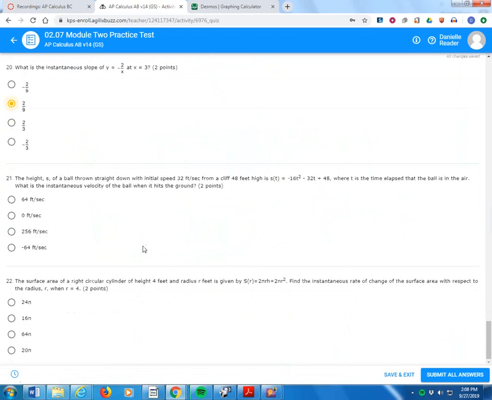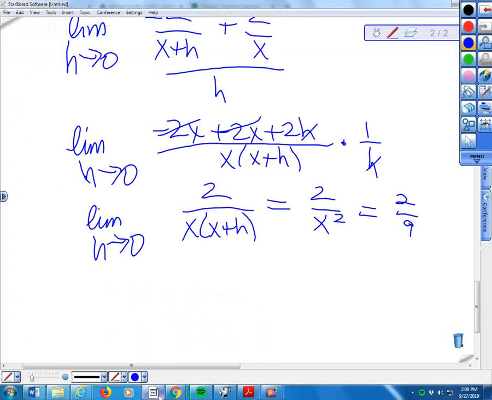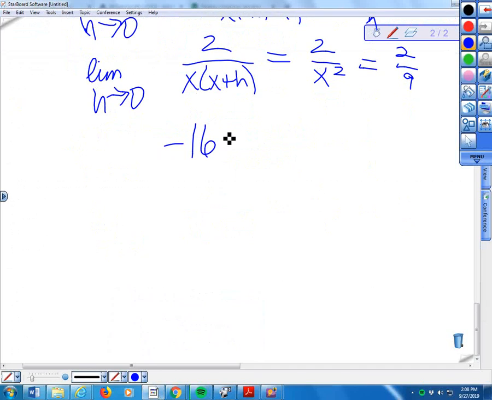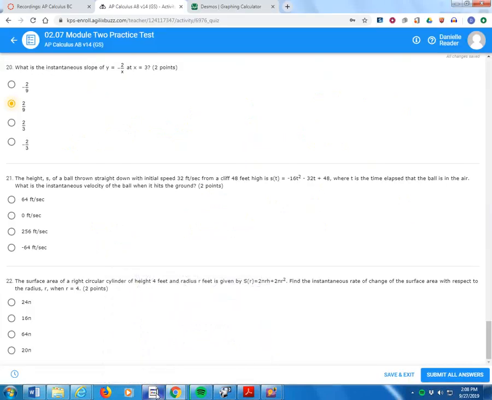The height s, so this is another one where I'm just going to be substituting in t plus h to find the instantaneous velocity. When it hits the ground, that's when y equals 0. So I'm going to take the derivative, or find the limit as, let's just do it, -16t squared minus 32t plus 48.